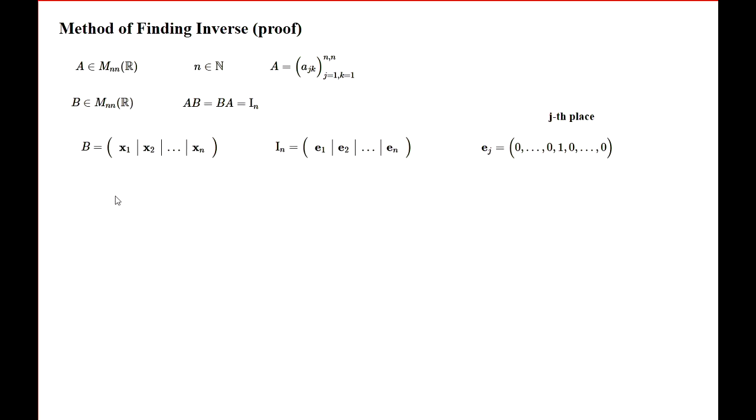So the key to everything is this line. It's a short line, but actually it condenses a lot of information, and it relies on your very comfortable understanding of matrix multiplication.